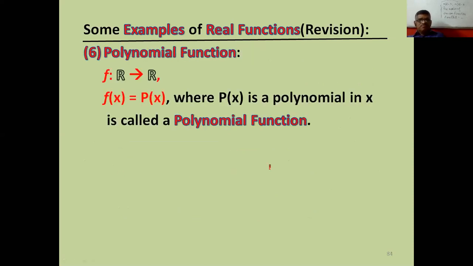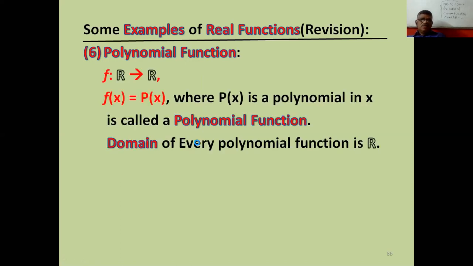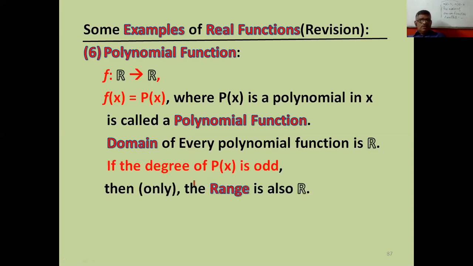Polynomial function. It is from R to R. Domain is always R. For every polynomial, domain is R. The codomain is also R. But range depends on the polynomial. If it is a linear polynomial, the range is also R. I'm making it more general.